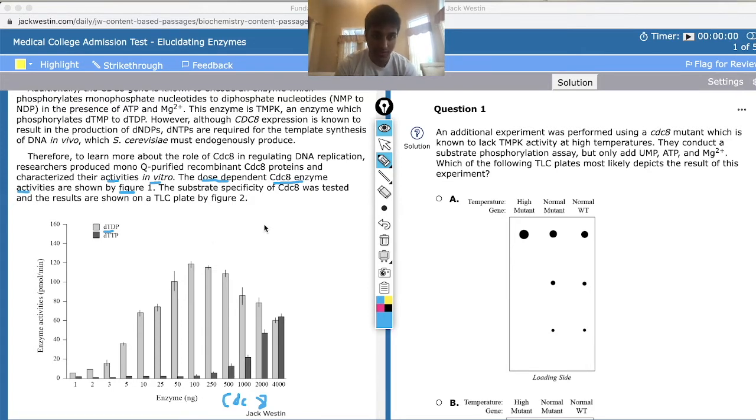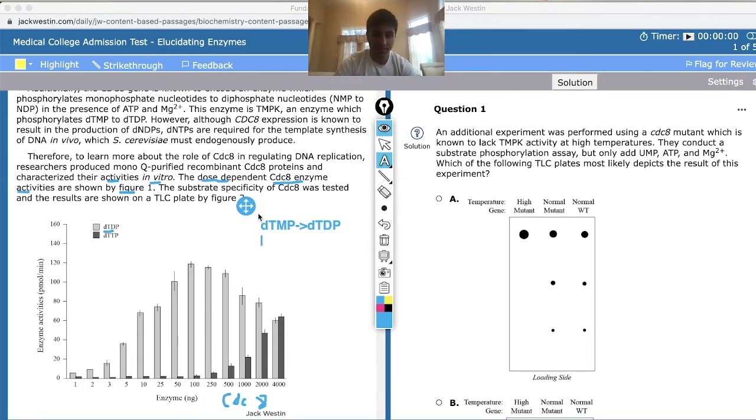So it's going from the dTMP to the dTDP. Okay. Whereas if you look here after 1,000, we have some TDPK activity.